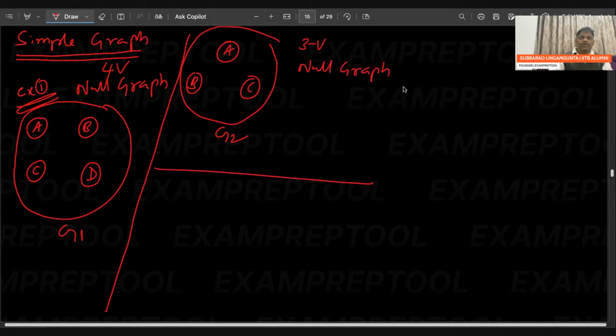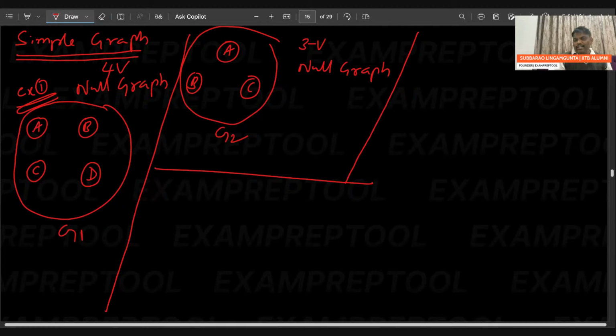First of all, what is the meaning of null graph? In the given graph, number of edges 0 means every vertex has degree 0. Remember, there is no self loop, because it is a simple graph. We are discussing simple graphs only. In the given simple graph, if every vertex has degree 0, or number of edges is 0, that is called a null graph.